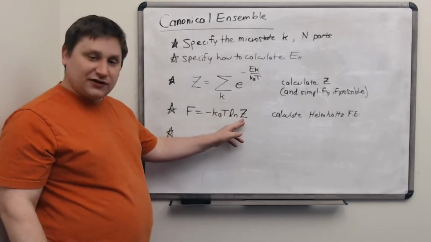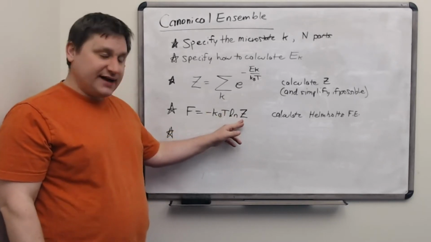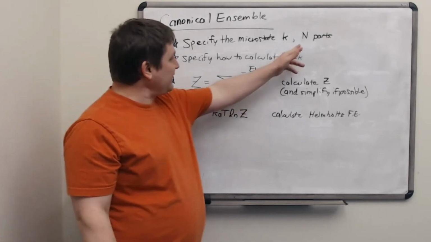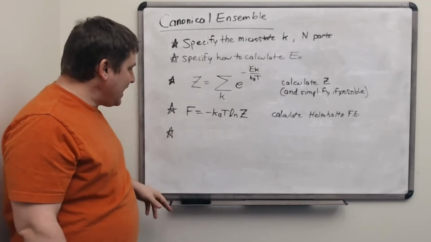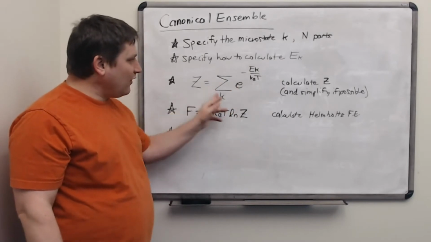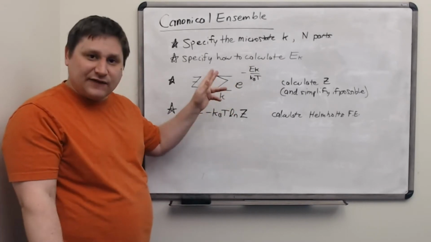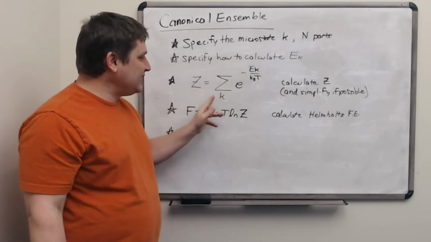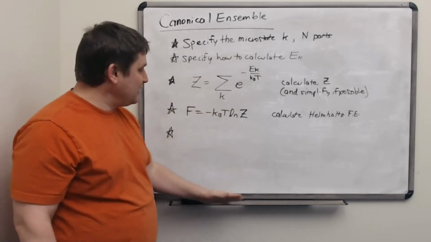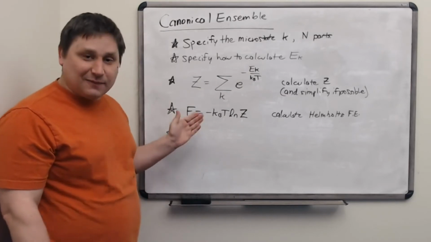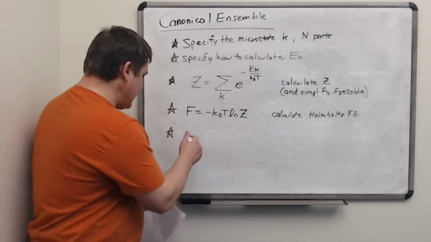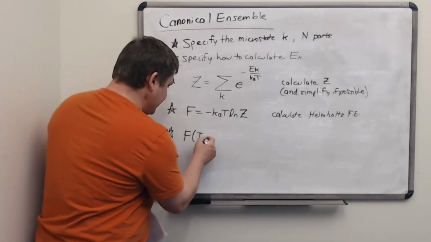The partition function depends on temperature in some way also. It will depend on how many particles you've allowed. So it depends on T and N. And summing over all the possible states, if the system has a volume, summing over all the possible states will put in that factor of the volume. So this produces a formula for the Helmholtz free energy in terms of its natural variables, F of T, V, and N.